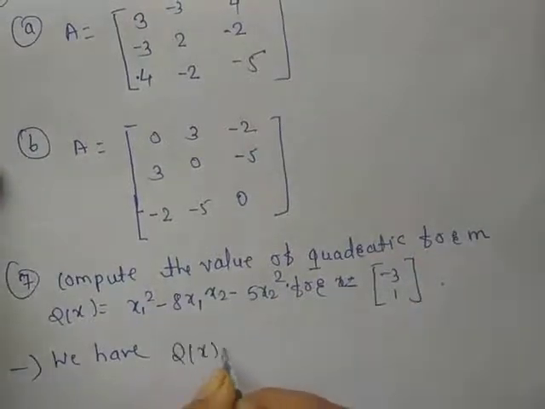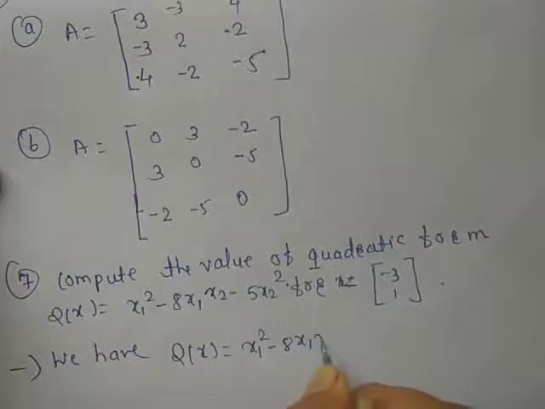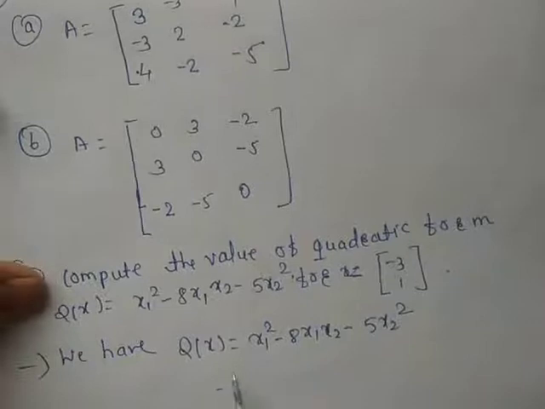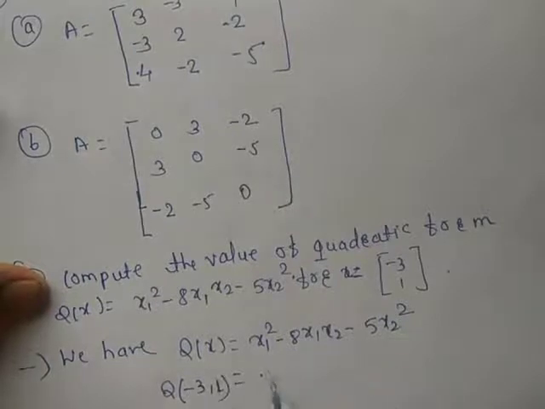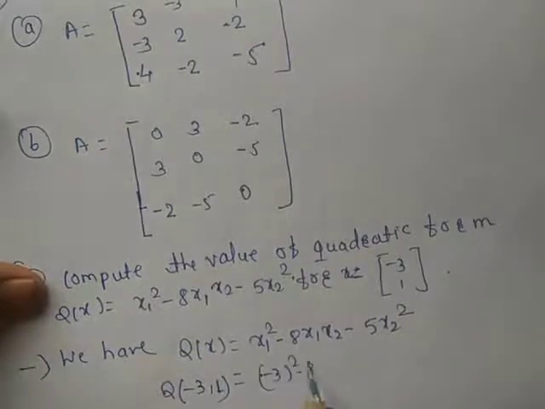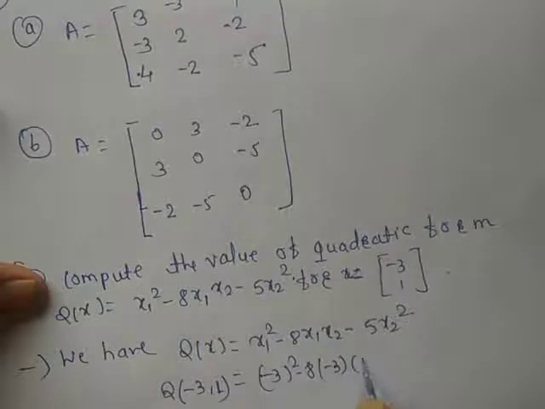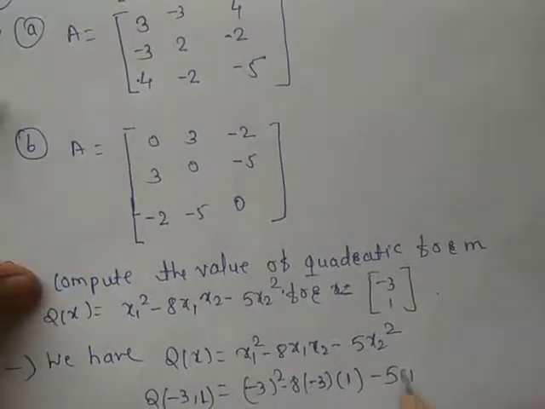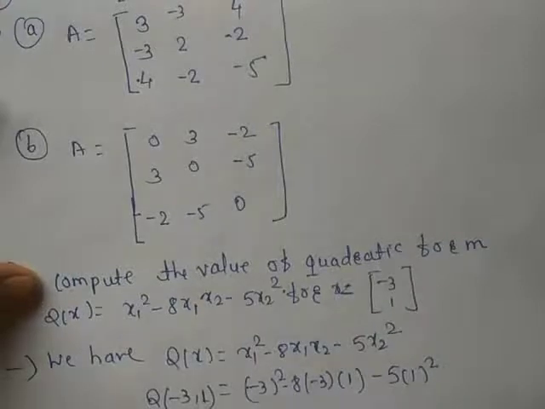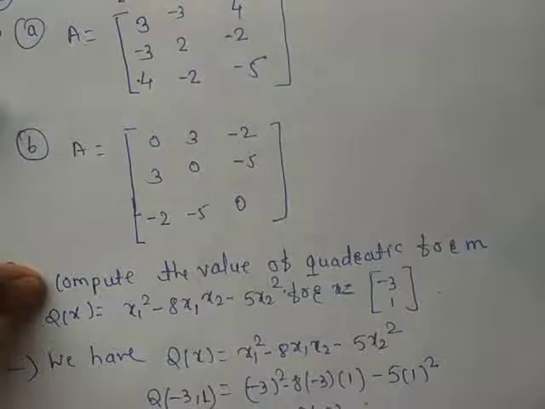Here we have Q of x equal to x1 square minus 8 x1 x2 minus 5 x2 square. So Q of -3, 1 is equal to -3 square minus 8 into -3 into 1 minus 5 into x2 square, where x2 means 1 square. -3 square is 9, minus 8 into -3, minus 5.